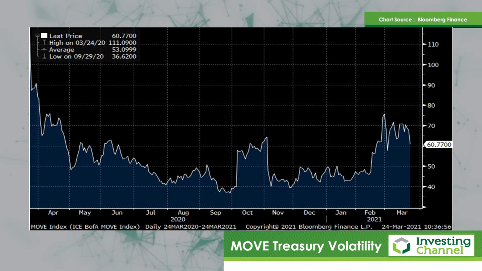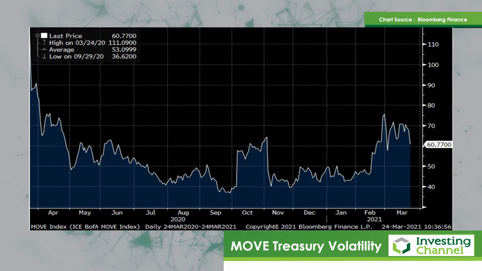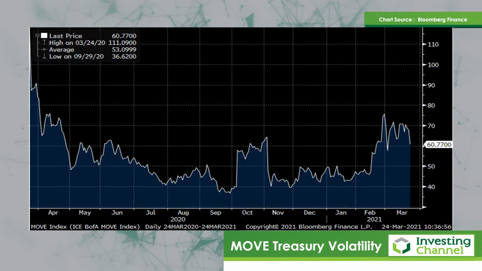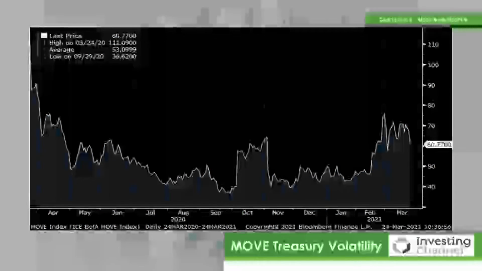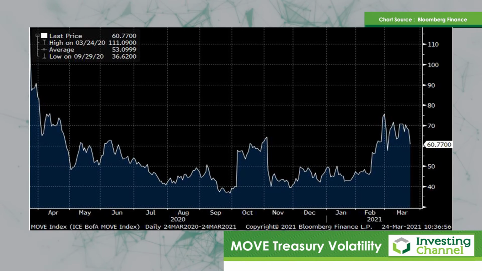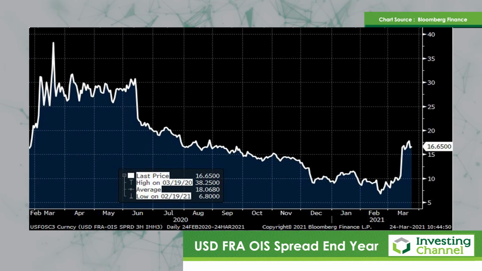Clearly not nearly as high as the levels we were seeing at this time last year, but still not as calm as it had been. And that's certainly a marker in the sand, effectively, that markets are taking some assurance from the Fed's forward guidance, but still questioning it. Nevertheless, if we move on to my second chart, there are other issues there which do not just relate to the Fed's forward guidance.